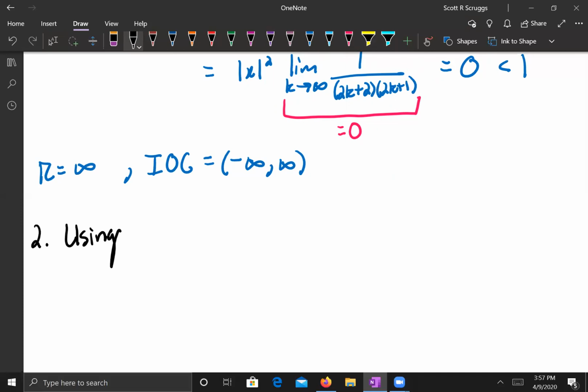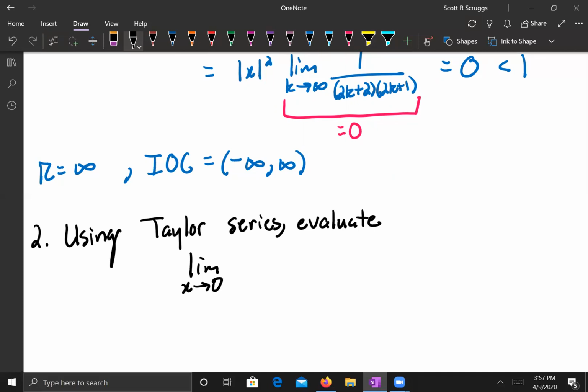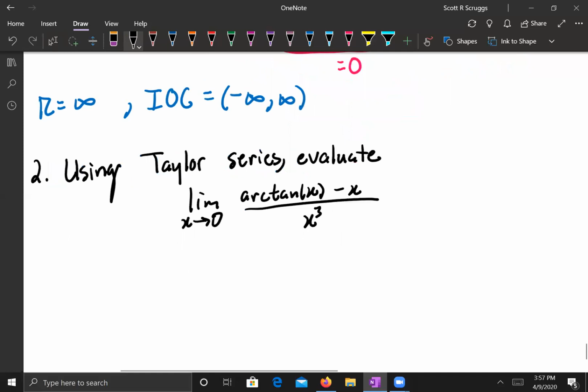So what I want y'all to do next is, using Taylor series, evaluate the following: the limit as x goes to 0 of (arctan of x minus x) over x cubed.